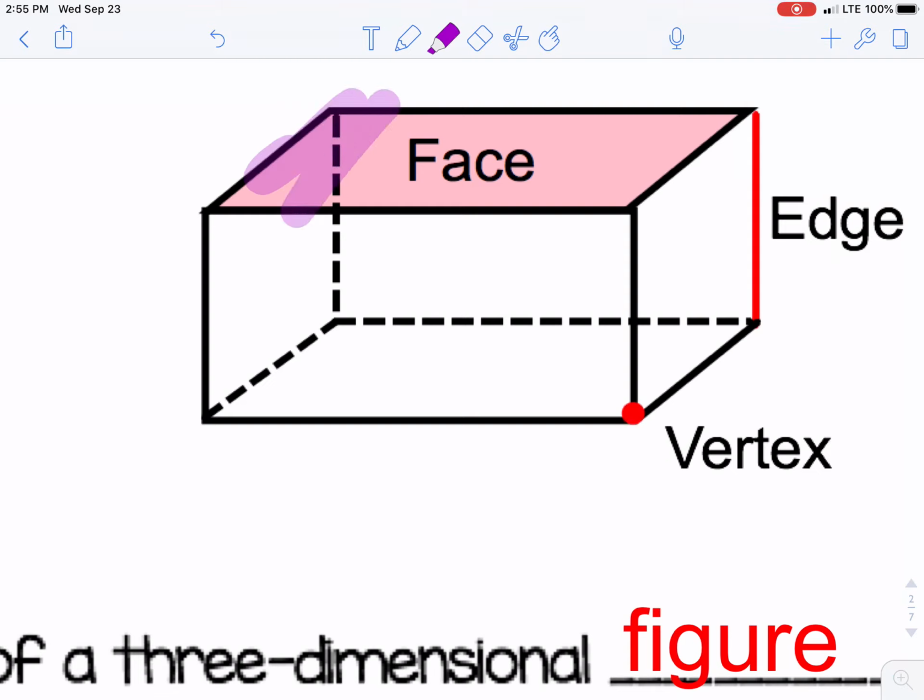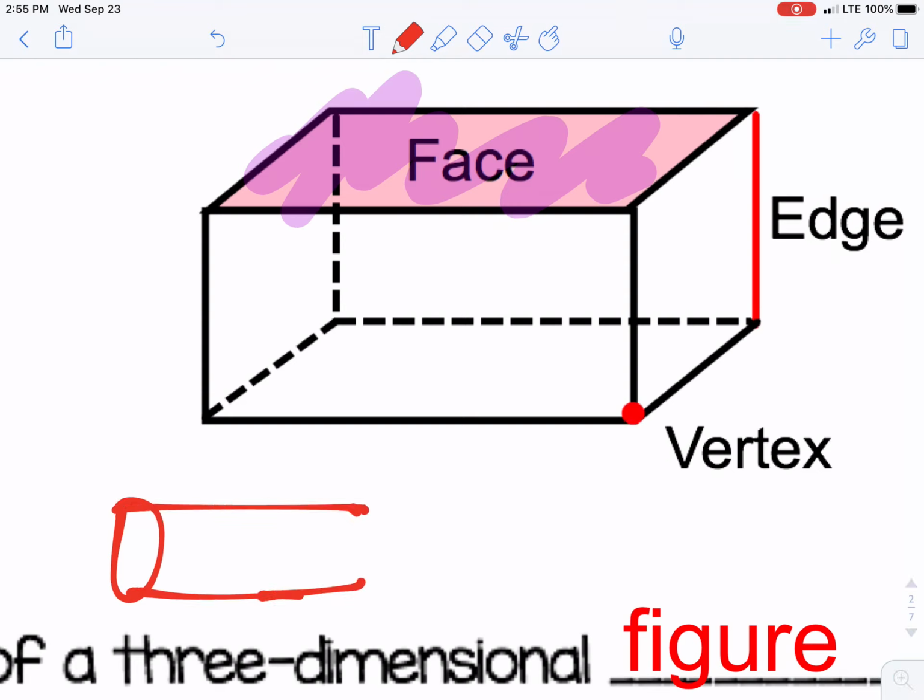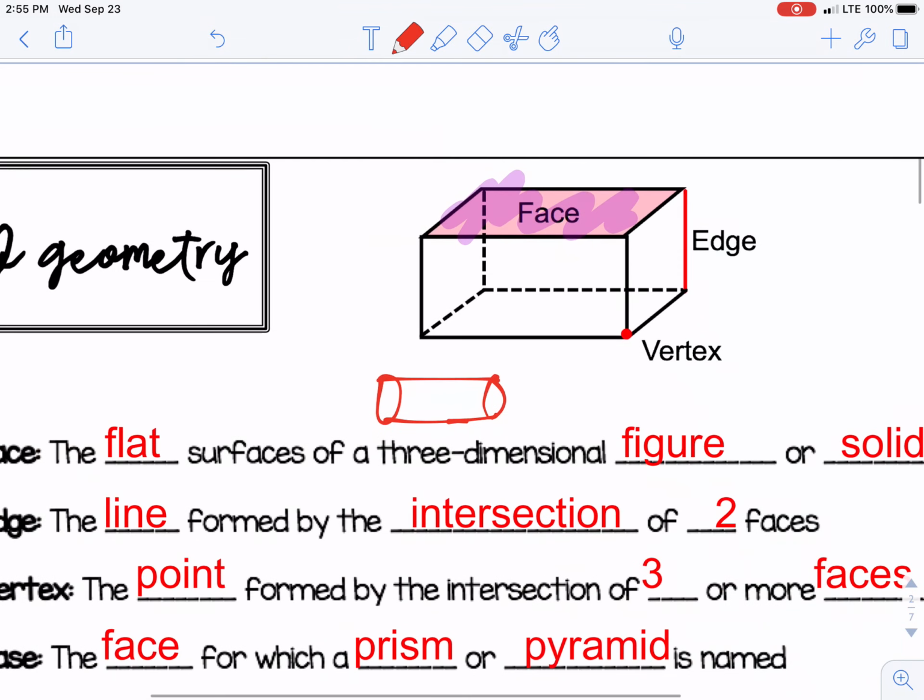So the front, the back, the top, the bottom, the sides. Cylinders are going to be a little different because they have rounded parts, right? A cylinder is a can of soup, something like that, where the faces would be the top and the bottom.